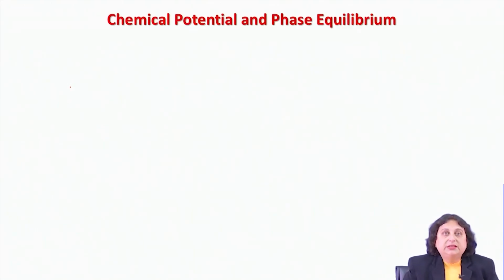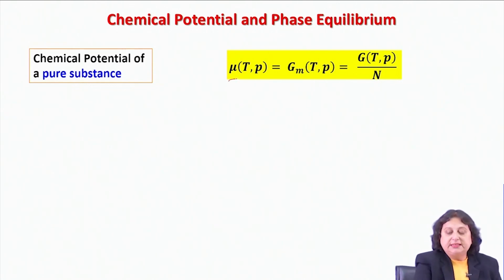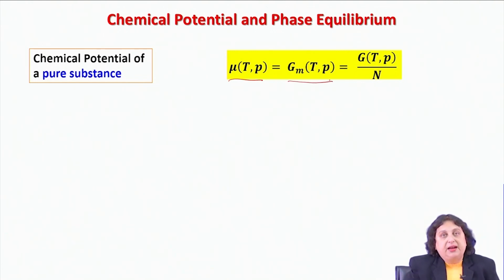So when I talk about the chemical potential and phase equilibrium, I know that I am talking about the equilibrium state of a system as defined by a given temperature and pressure. And if I have a pure substance, then a great simplification occurs, because then I can say that the chemical potential at this temperature and pressure is nothing but the molar Gibbs free energy of the system at the same temperature and pressure.